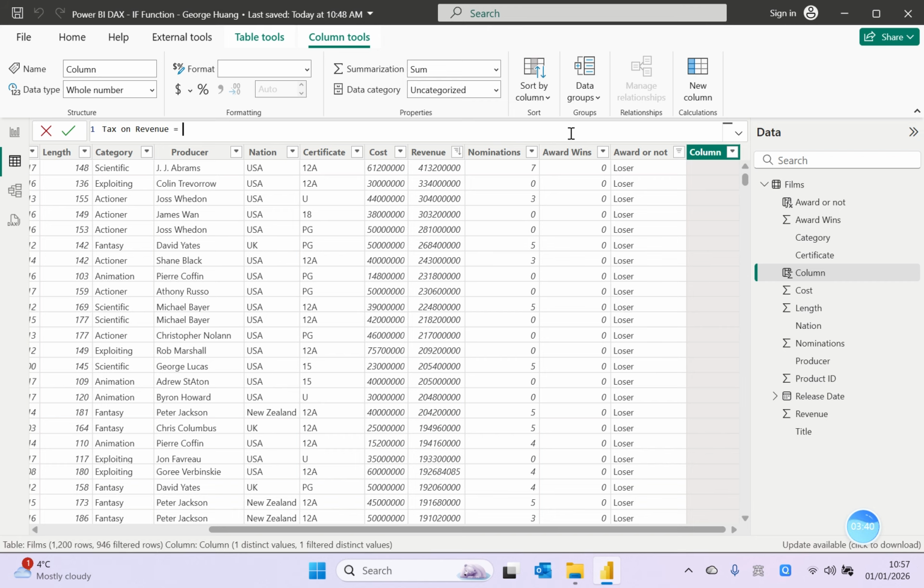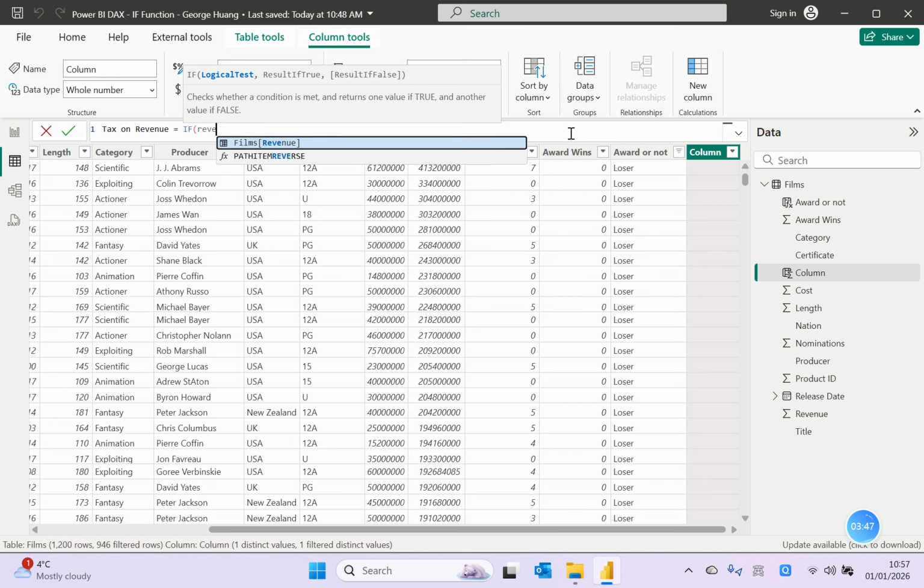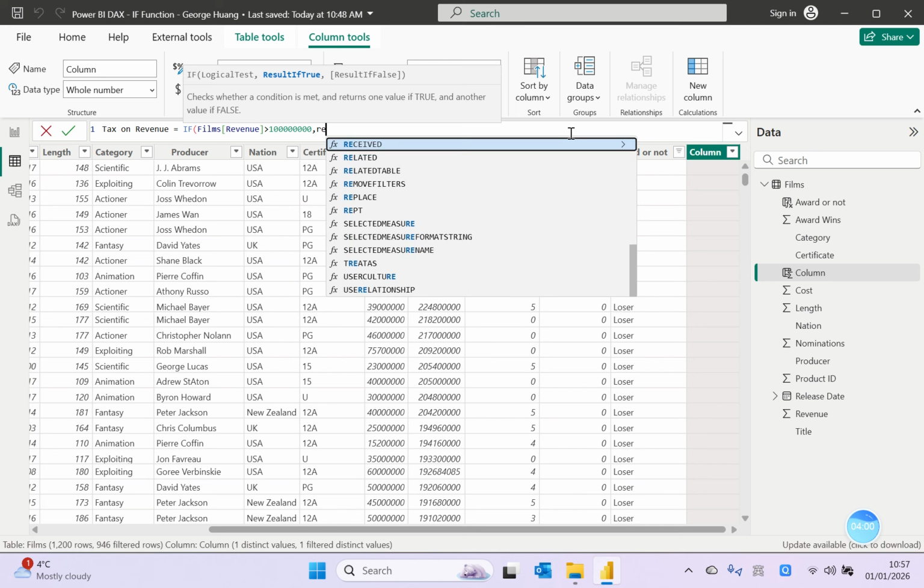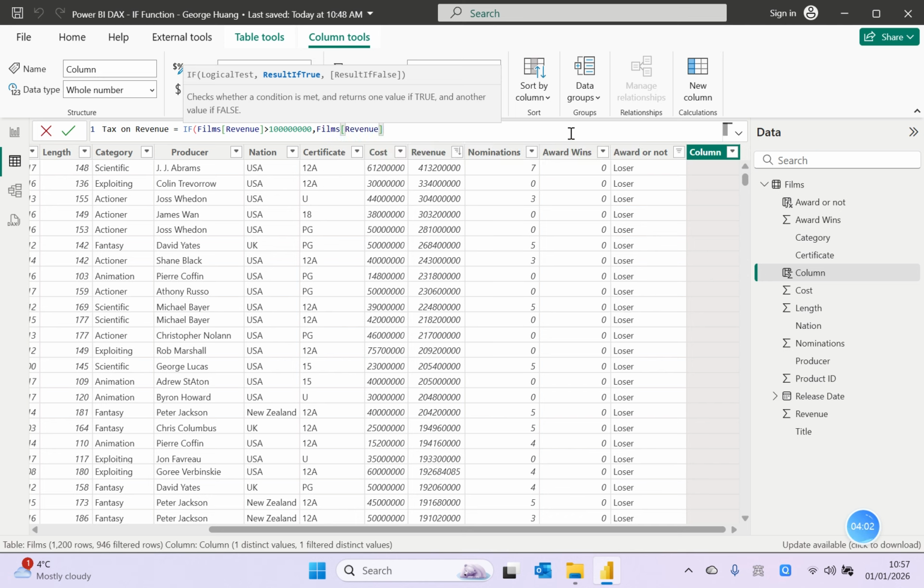Okay, if the revenue is bigger than 100 million, then we get tax on the revenue. That should be 20%.